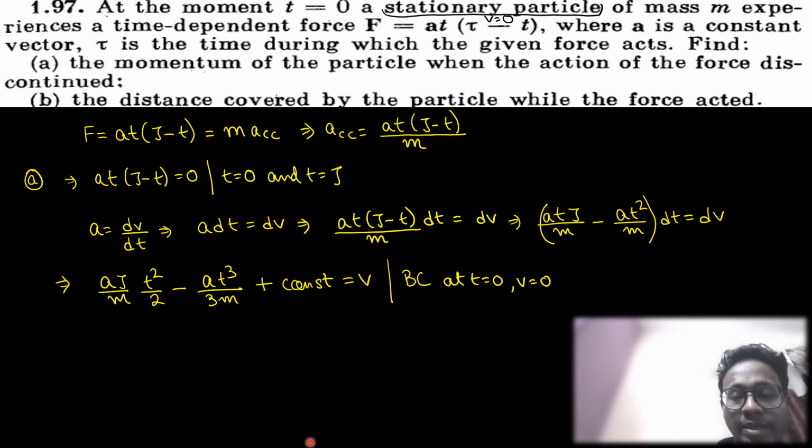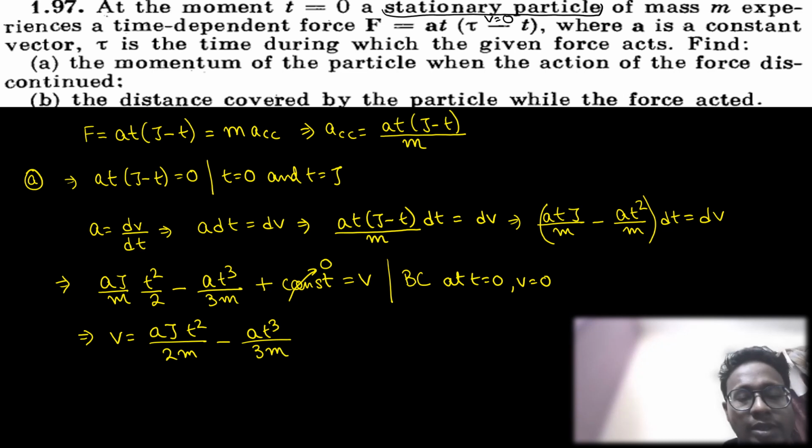So if I apply t is equal to 0 and v is equal to 0, I get the value of the constant equal to 0. Or v is equal to a tau t square by 2m minus a t cube by 3m. Now the question is asking, find the momentum of the particle when the action of the force is discontinued.